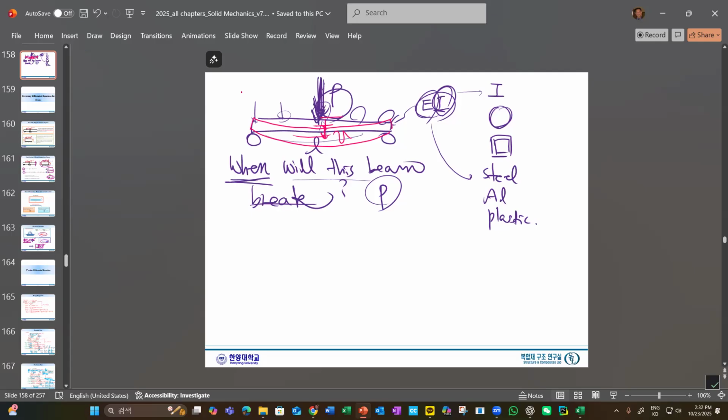Certainly you can break it, but when it breaks, the deflection is not that much, very small, just a few millimeters. Such a small deflection V, this pen can break. As we assume, the deflection can be small, but such a small deformation may lead this structure to break or fail.